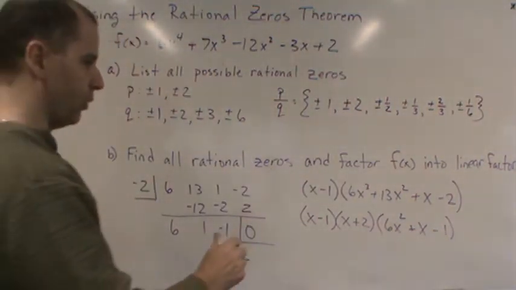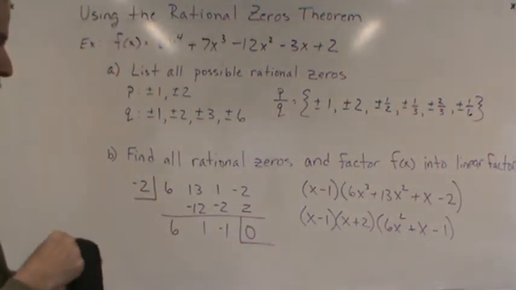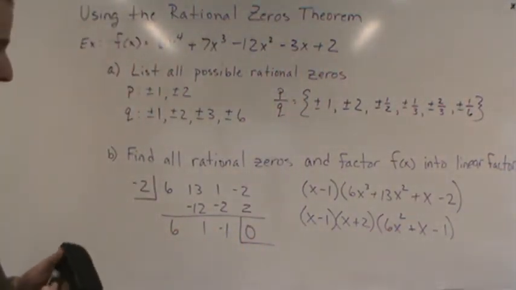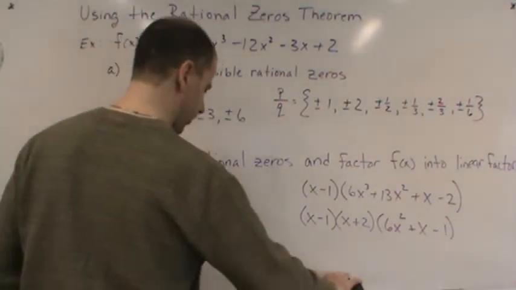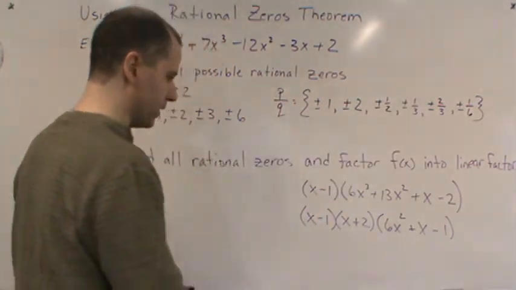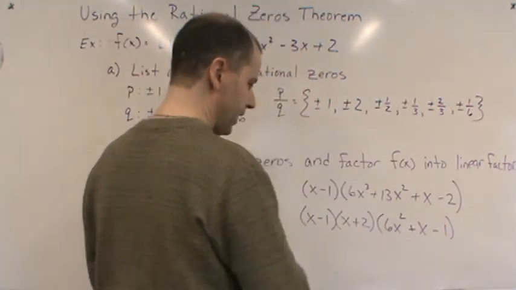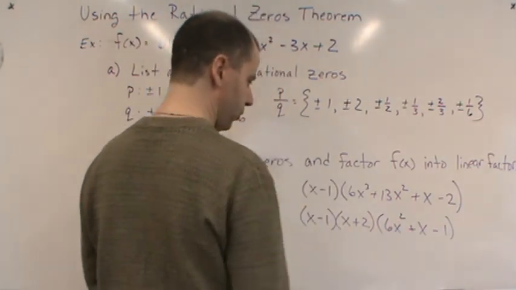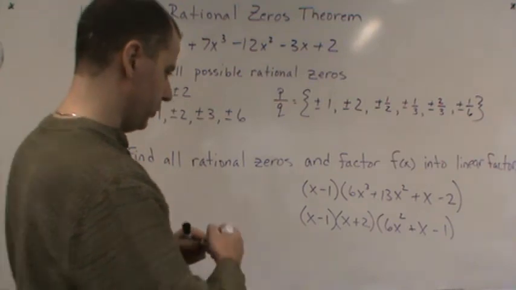And so now we get a quadratic. Now, with a quadratic, we can factor by different tools. We can do the AC method. So let's do that. We don't need synthetic division anymore, because now we can use other tools. So what are factors of negative 6 that will add up to a positive 1? Well, that's going to be 3 and negative 2. So guess what?